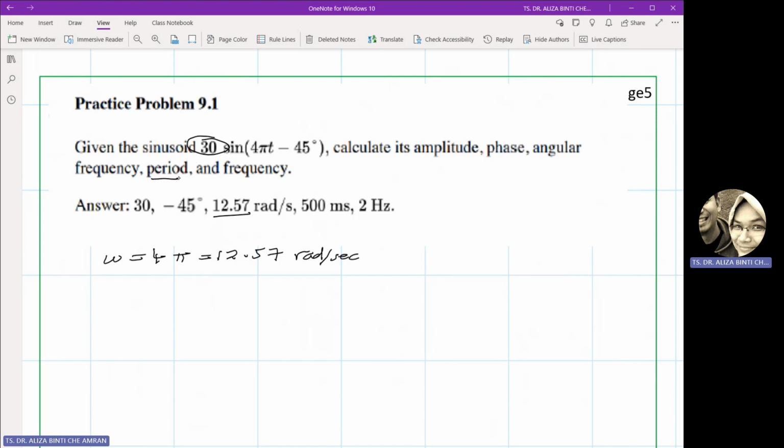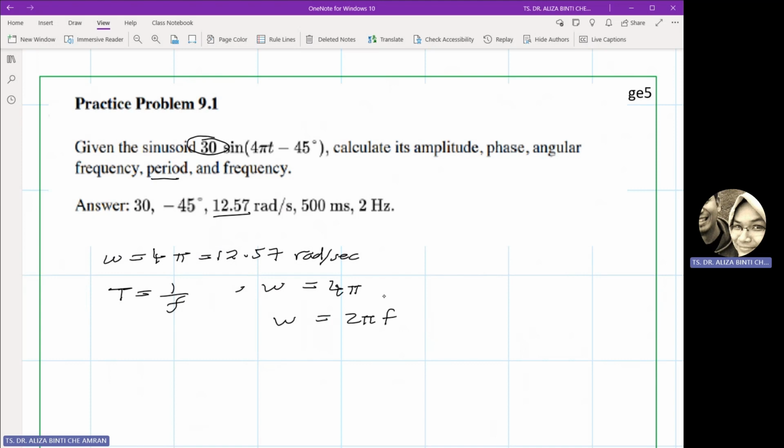Next is the period. If you still remember, period is T. And how do you get your T? T comes from your frequency. From this equation here, the frequency is not that direct. You need to identify the frequency from the given omega. Omega is 4 pi, and this 4 pi equals 2 pi f.